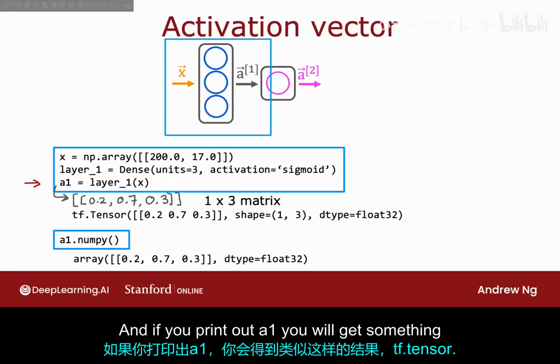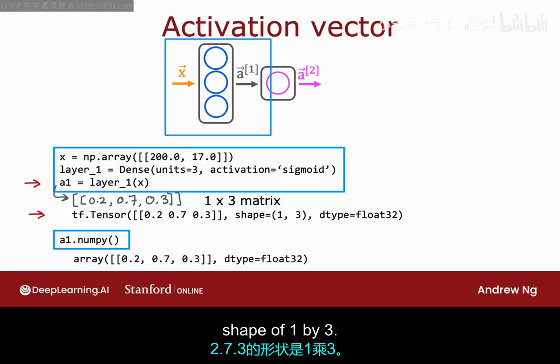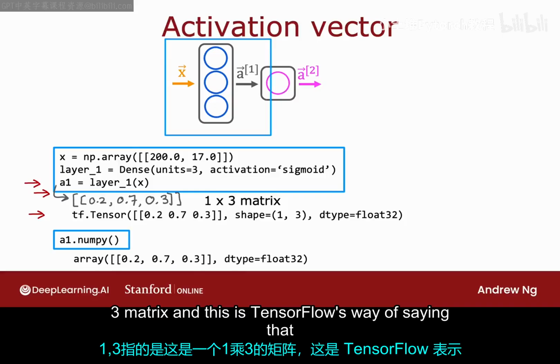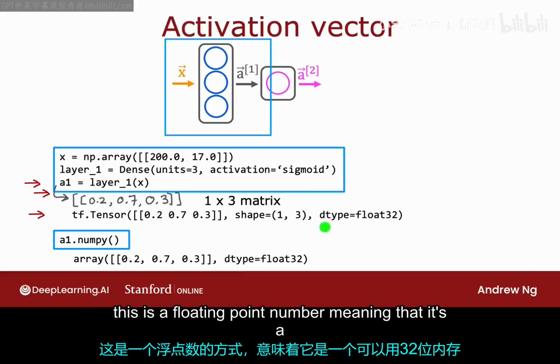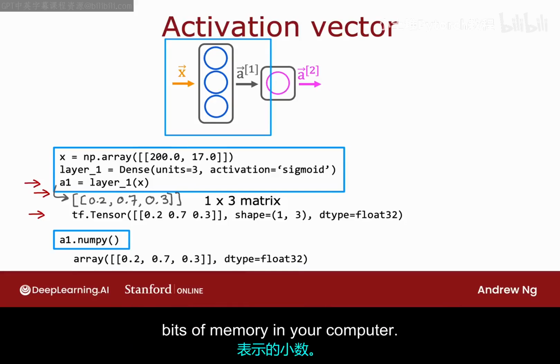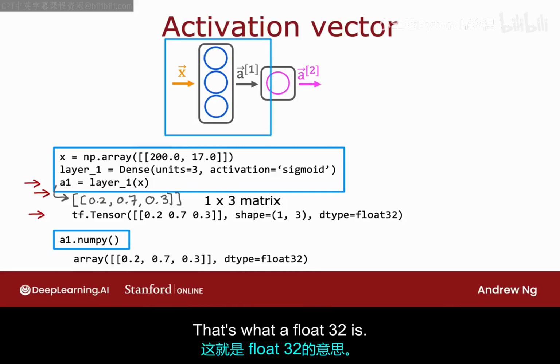And if you print out A1, you will get something like this: tf.tensor [[0.2, 0.7, 0.3]] with a shape of 1 by 3. 1, 3 refers to that this is a 1 by 3 matrix. And float32 is TensorFlow's way of saying that this is a floating point number, meaning that it's a number that can have a decimal point, represented using 32 bits of memory in your computer. That's what a float32 is.